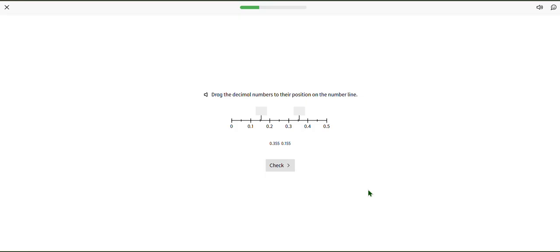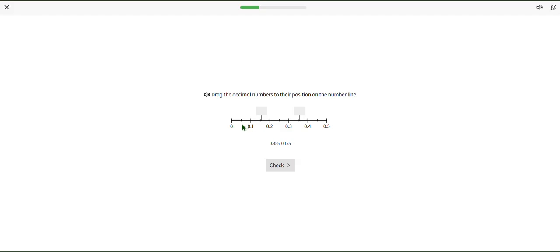Drag the decimal numbers to their position on the number line. Now, same thing, but this is where it gets a little bit more complicated, though it is helping us out because it still shows, hey, if we look at the first or the largest place value, which right now is the tenths, I've got a 3 in the tenths place on one, and I've got a 1 in the tenths place on the other.